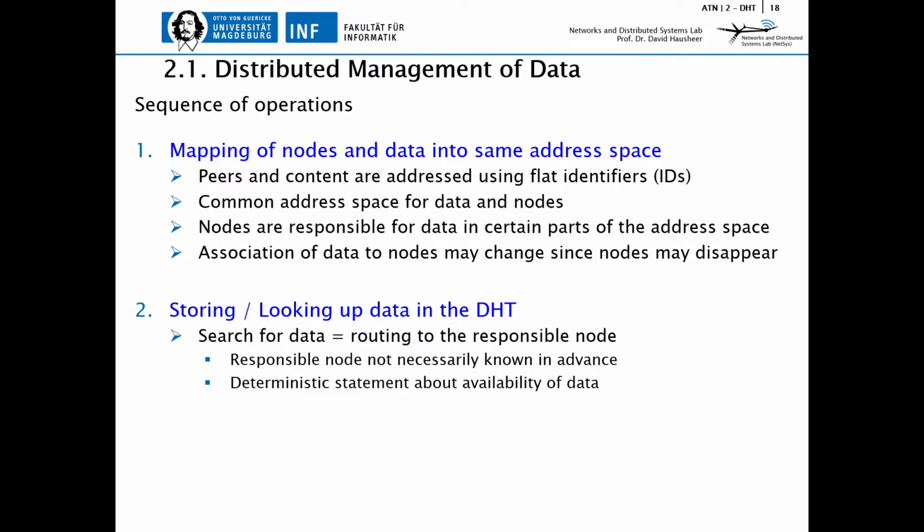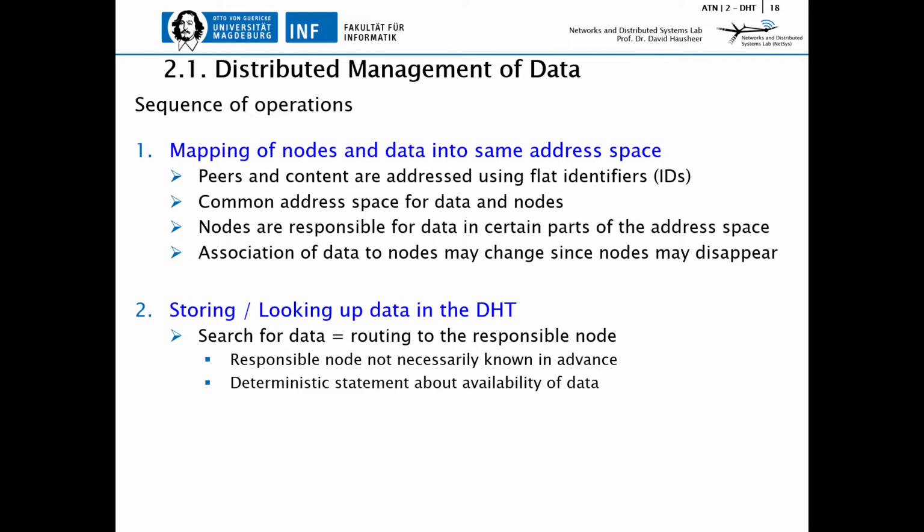Then the nodes become responsible for the data that falls in their part of the address space, and data items that will be stored in the network need to be associated to those nodes, and these associations can change because nodes may disappear from the network or new nodes may join the network.